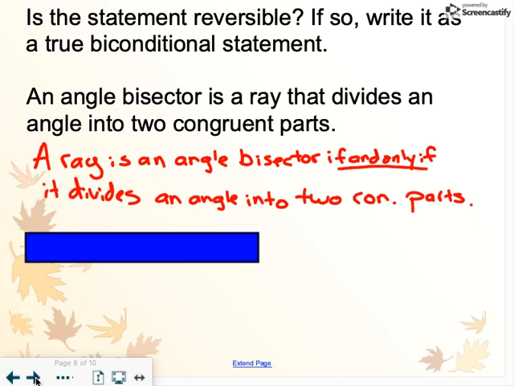Right, so we have that statement now as a biconditional. A ray is an angle bisector if and only if it divides an angle into two congruent, sorry that C looks like an R, into two congruent parts.